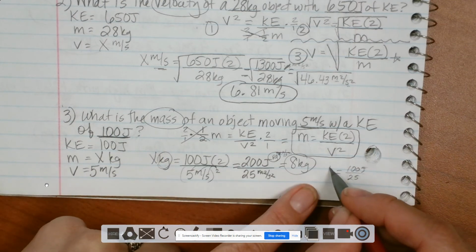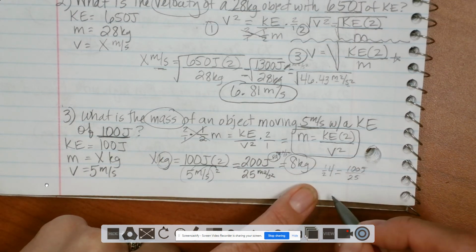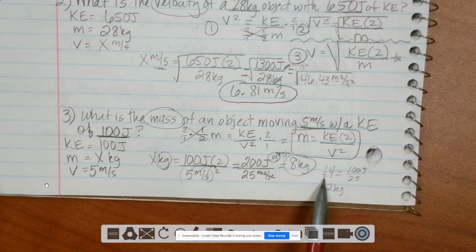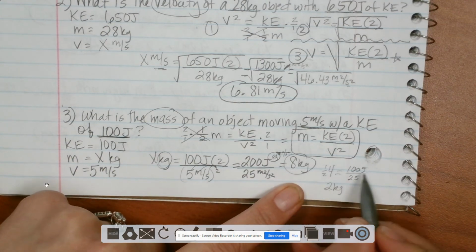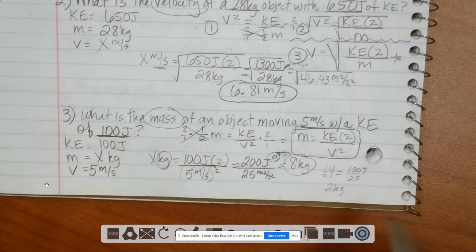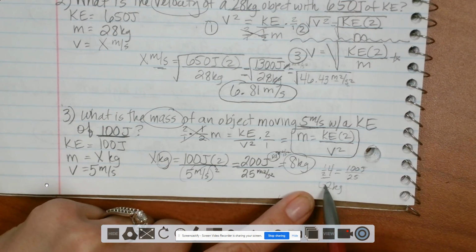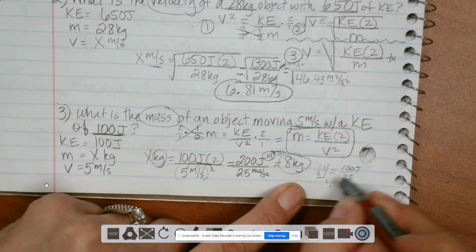Now, if I were to say, oh, 4, and then I'll just multiply 4 by a half, well, what's 4 by a half? That's 2 kilograms. That would have been the wrong answer, you guys, because this half would have had to be dealt with a different way by going 2 over 1 times 2 over 1, giving us actually 8. So if I got 1 half times 4 here, I would have had to go 2 over 1 times 2 over 1, and I would have ended up with 8. So don't just wait till the end and say, I'll just half the mass and get 2. Nope, wrong answer. That's not how it works algebraically.